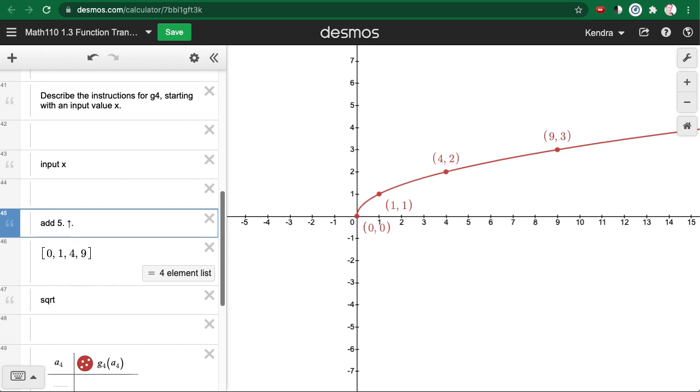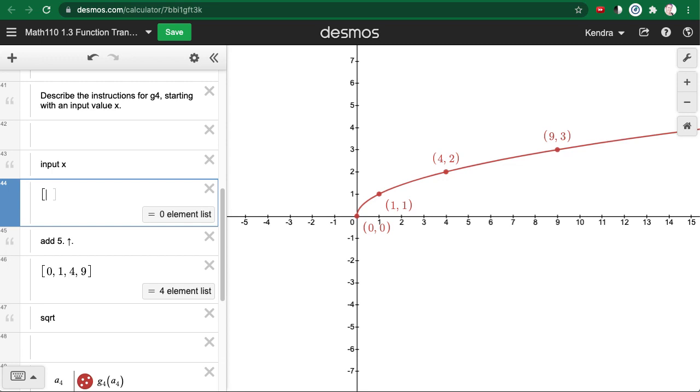And so if I have to add 5 in order to get 0, then I must have to subtract 5 in order to figure out what input I'm going to give. So I'm going to put in a -5 for x, so that when I add 5, that gives me a 0, and then I know how to square root it.